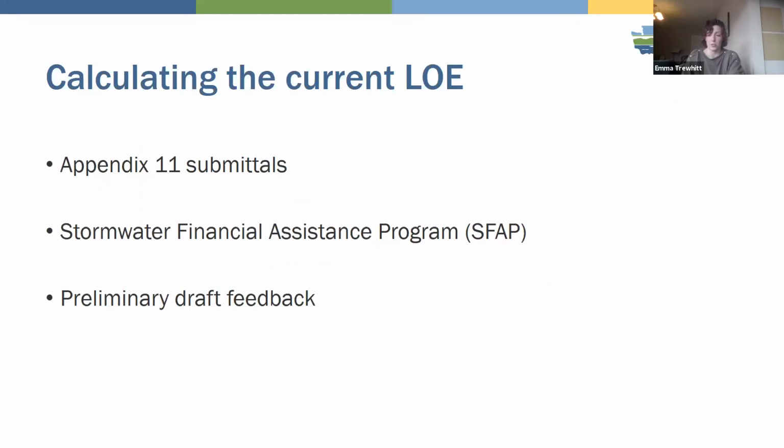and the incentive points from the permittees, as well as SFAP, which is our Stormwater Financial Assistance Program, kind of grants program. We used project details from that to basically run a series of simulations to develop an estimate total for what we are now calling SSC program points for the projects in the list that permittees had provided to us.